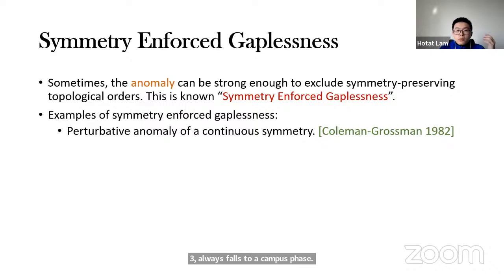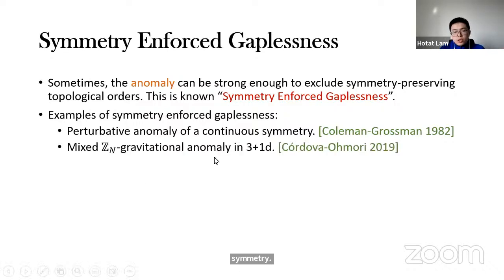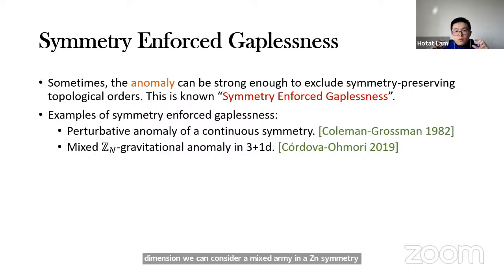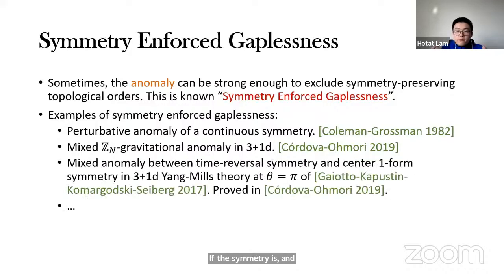A more interesting type of symmetry-enforced gaplessness comes from discrete symmetry. One example is, in 3+1 dimensions, a mixed anomaly between a ZN symmetry and gravity. In some cases, this mixed anomaly can also enforce gaplessness if the symmetry is preserved. Another example that people might be familiar with comes from the nice paper by Gaiotto, Kapustin, Komargodski, and Seiberg.